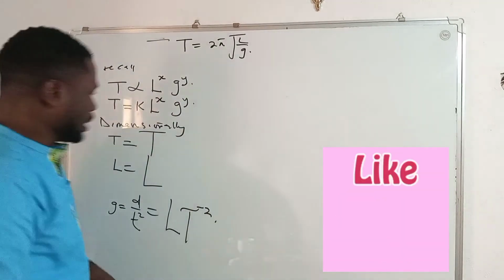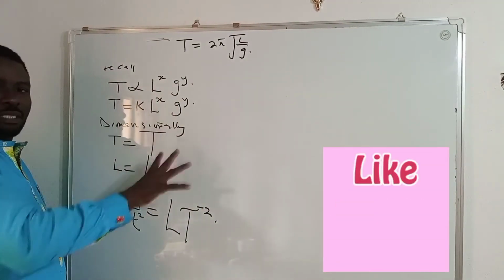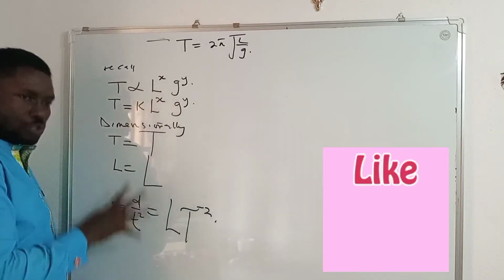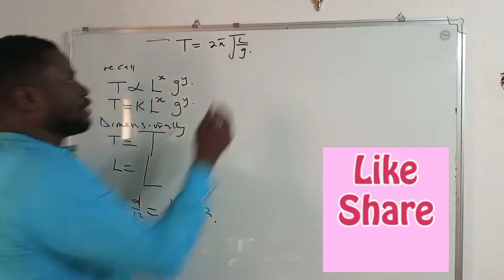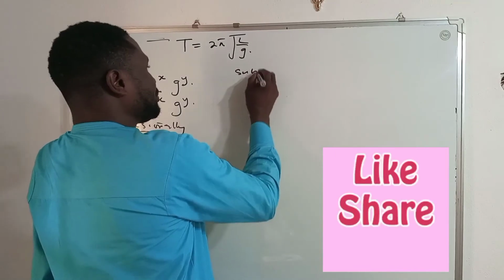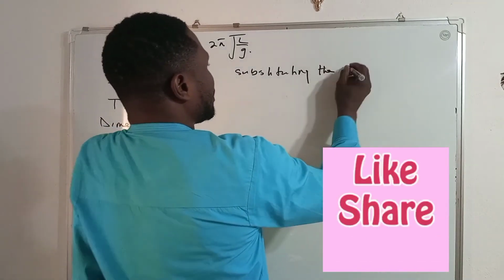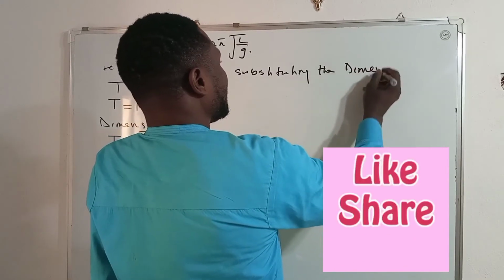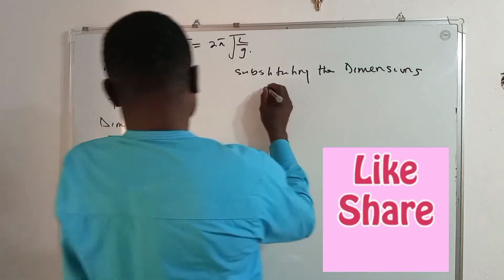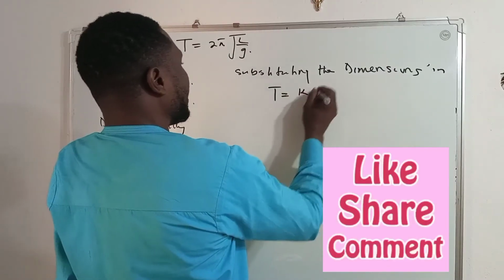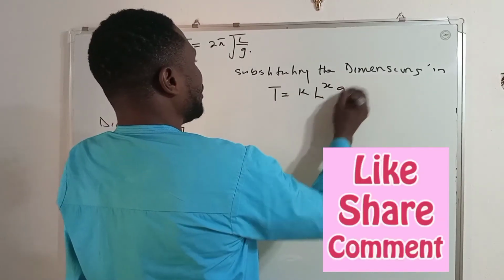So having known the dimensions of these quantities, the next thing we're going to do is to have them substituted in the original equation. Therefore, I will say substituting the dimensions in T equals k L^x g^y.